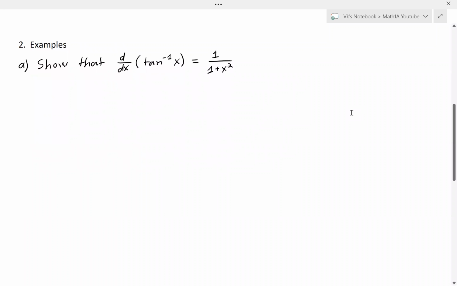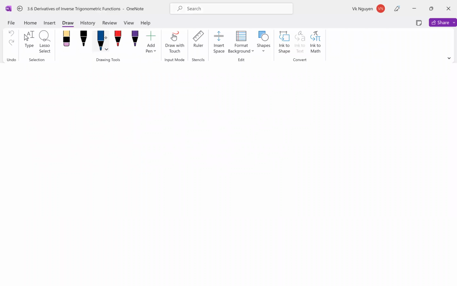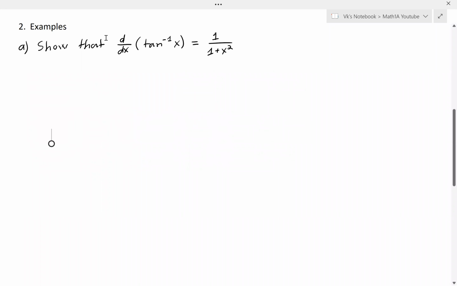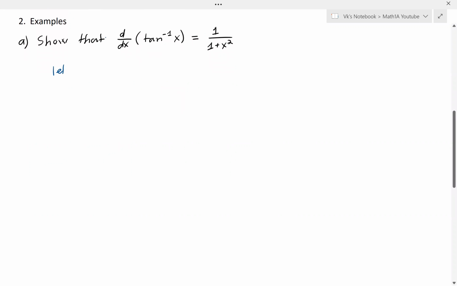Let's do some examples. First example, show that derivative of arctangent x is 1 over 1 plus x squared. Let's do it. So, let y equal arctangent x, then tangent y equals x.